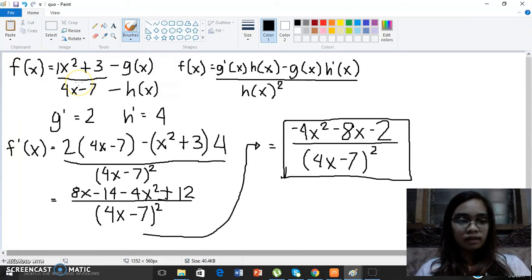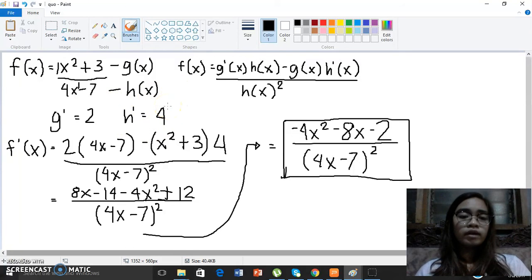I just added an imaginary 1 as the exponent of x and then multiplied it by 4. So 1 times 4 is equal to 4. Since 7 has a quantity of 0, the value of h prime is just equal to 4.